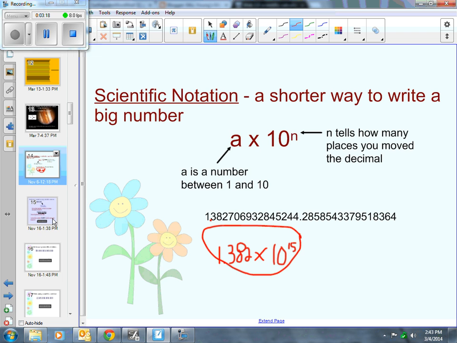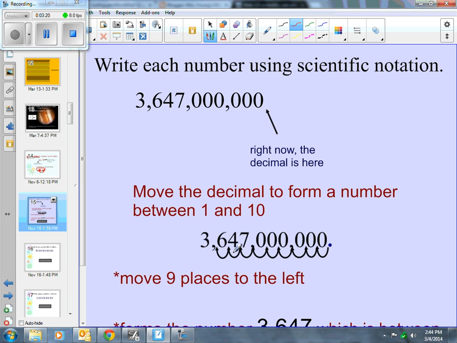Okay, I'll show you what I mean now. All right, so right now the decimal place of this big number is right at the end. I have to move the decimal to form a number between 1 and 10. In this case, we had to move it 9 times, to between the 3 and the 6, to create the number that's between 1 and 10.